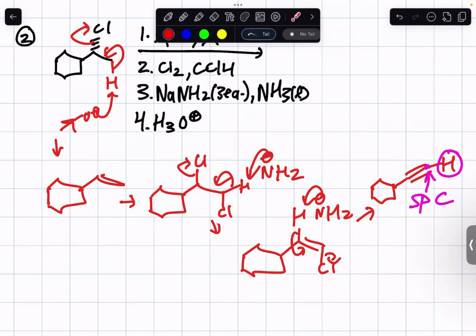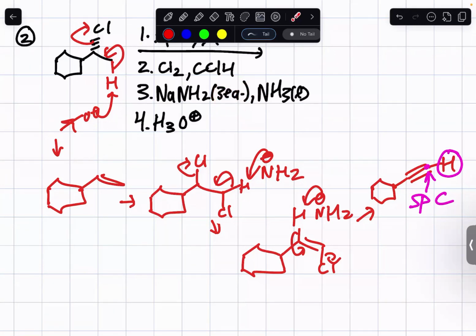If we were to deprotonate with a base, that carbon would be stabilized by the sp hybridized carbon. If you don't include 3 equivalents, you could also say excess. You would have to either put excess or 3 equivalents. If you just put NH2, then that's going to be assumed 1 equivalent for synthesis, unfortunately.